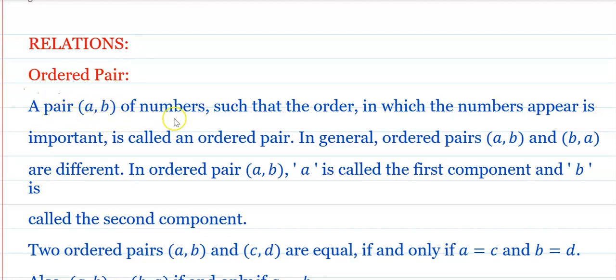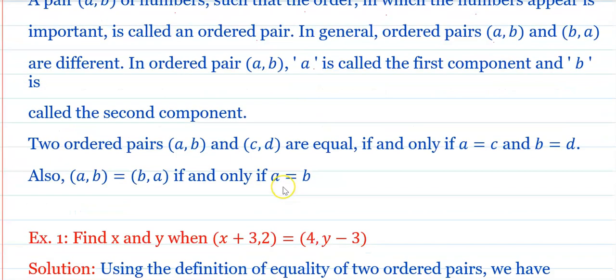A pair (a, b) of numbers such that the order in which the numbers appear is important is called an ordered pair. In general, the ordered pairs (a, b) and (b, a) are different ones. In the ordered pair (a, b), a is the first component and b is called the second component.